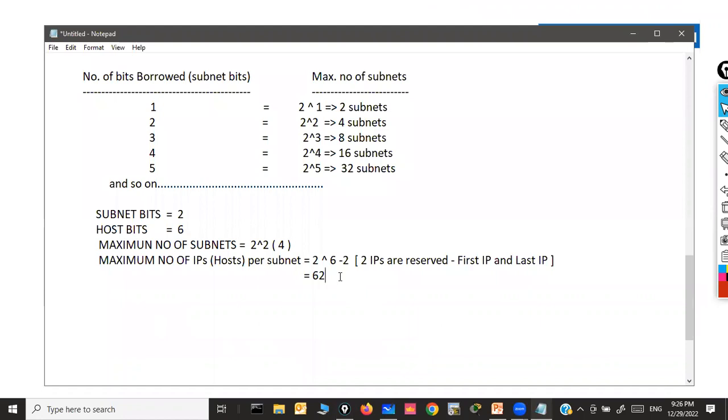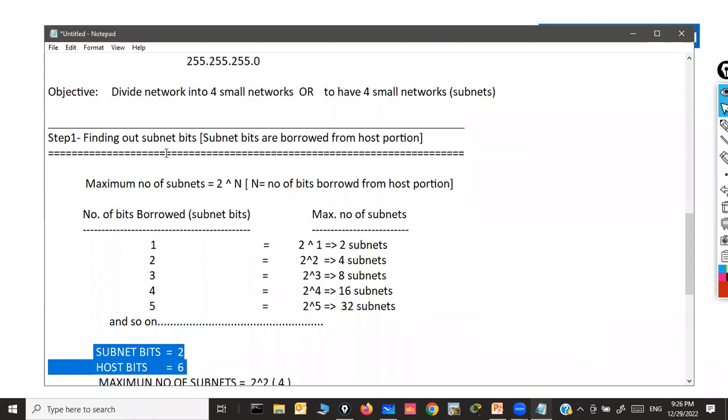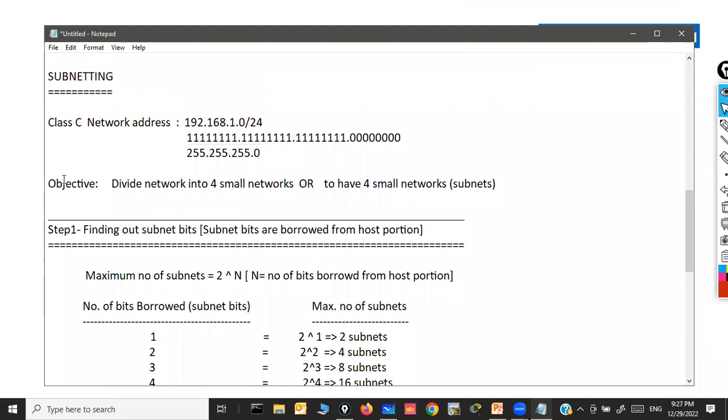Step number 2. Once host and subnet bits are determined, the first step is completed. So determine subnet and host bits. Your objective or requirement will help you find out the host and subnet bits.